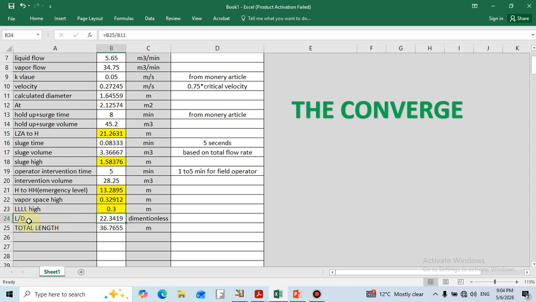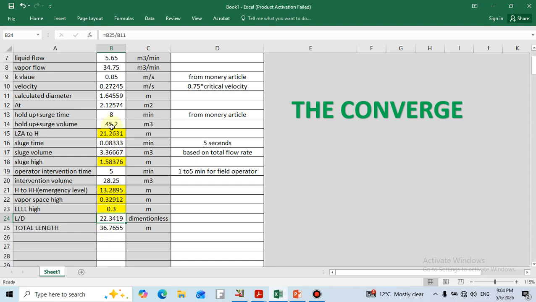But the L per D ratio is 22, which is not acceptable. In many engineering documents or design practices or standards, its recommended range is something between 2 and 5, in some cases 6. That 22 is too much for our vessel. That is not the proper L per D ratio.